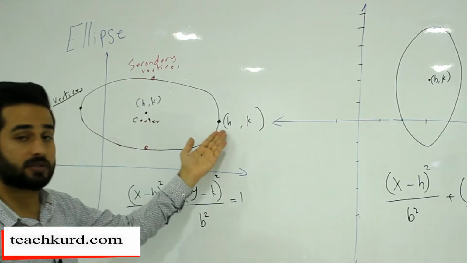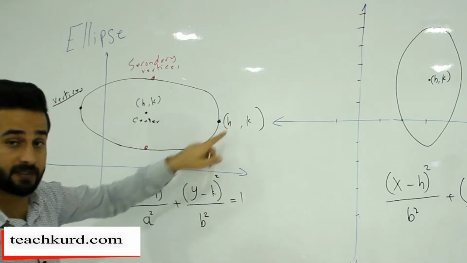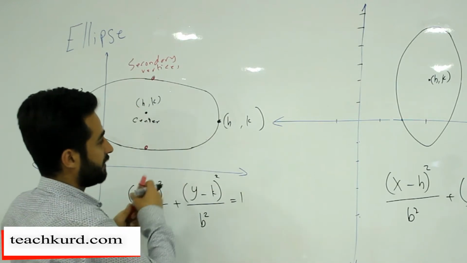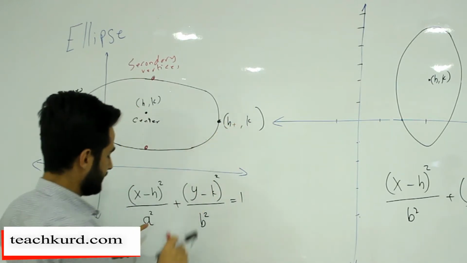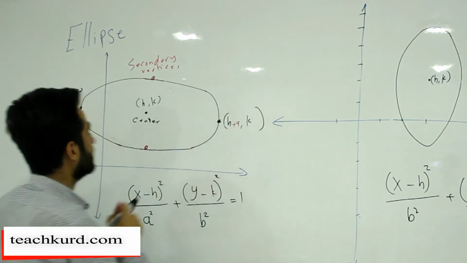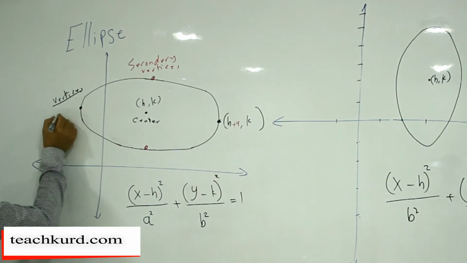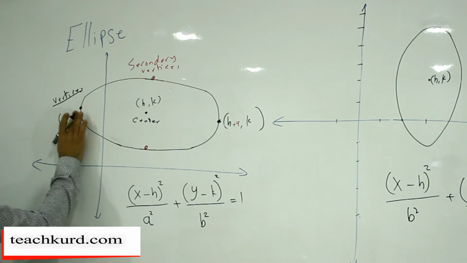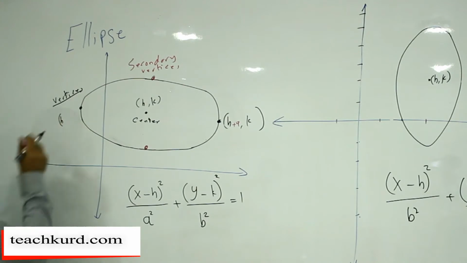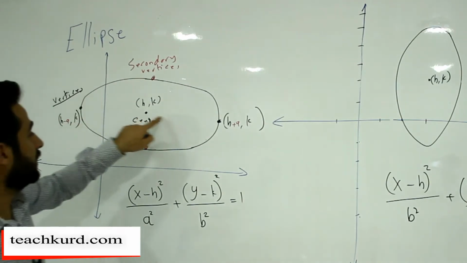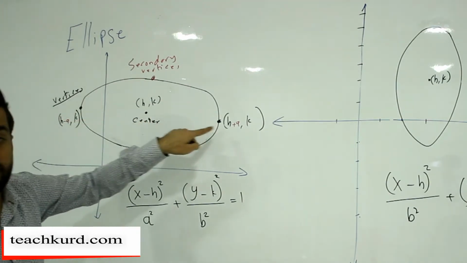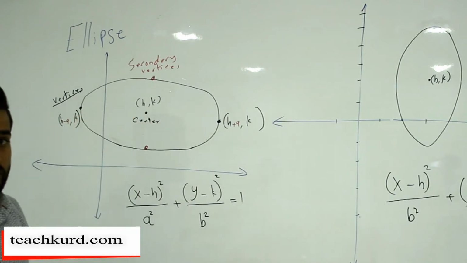Of course horizontally, so the horizontal changes. So on this side we have to say plus a. But in this one we have to write h minus a. And the vertical will not change. Look, they are on the same level, so the vertical is not changed.